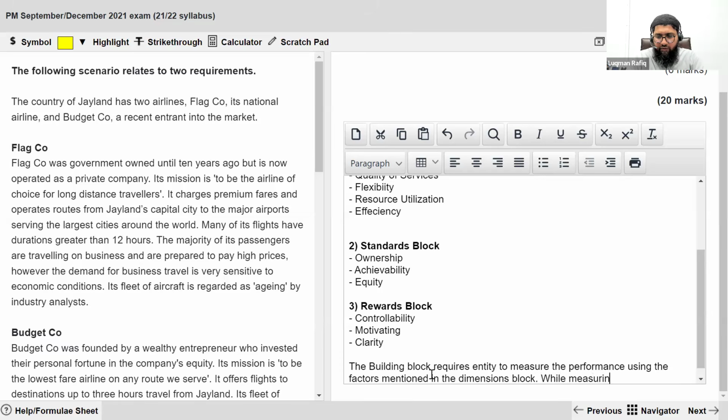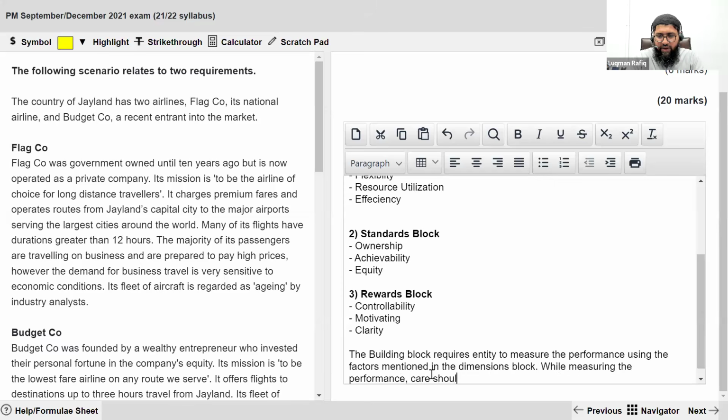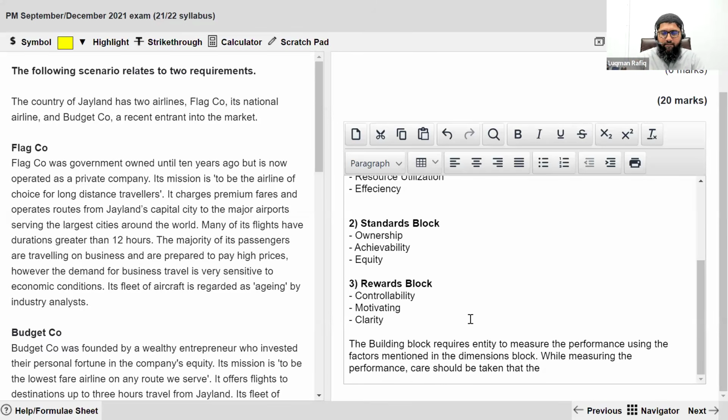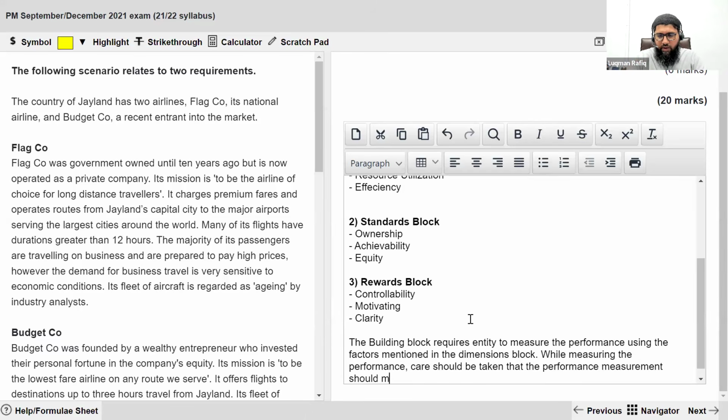While measuring the performance, care should be taken that the performance measurement should meet the standards of ownership, achievability, and equity.